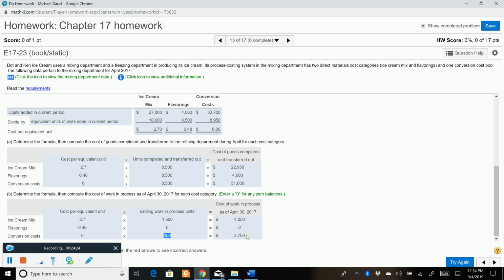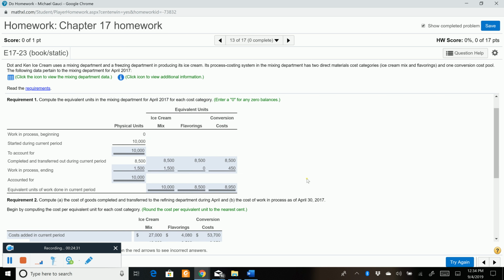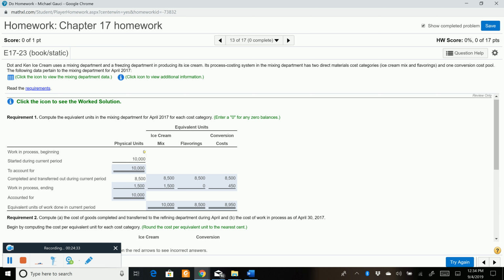That tells us the costs that remain in ending WIP at the end of the period. Once again, this works very well and easy because we have 0 beginning WIP. If we had a number of physical units in the beginning WIP, we would have had to make a choice whether we were going to use weighted average or FIFO in order to do this homework problem.